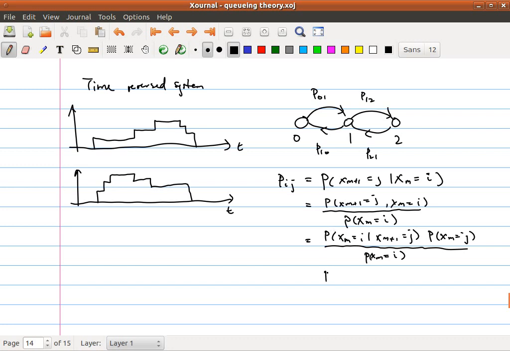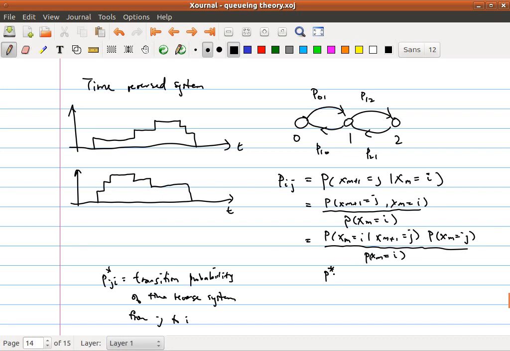Let me denote that as P star ji, the transition probability of the time-reversed system from j to i.